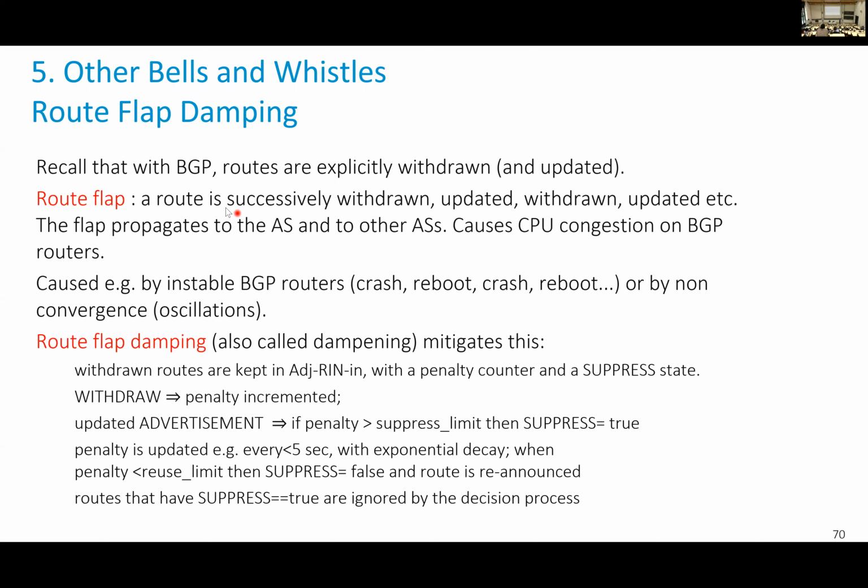The first problem is called route flap damping, exactly corresponding to the withdrawal of a route. Assume, for example, there is somewhere in the world a BGP router that has a bad machine or bad software, and the BGP process boots, starts, does its job, and crashes, and restarts, and so on.